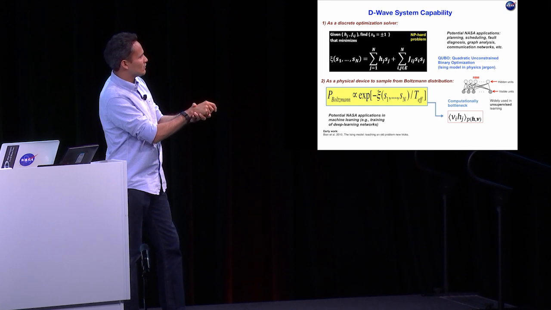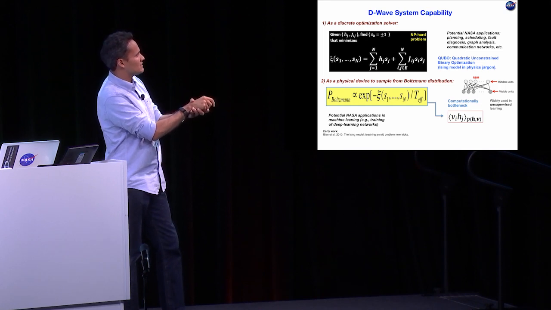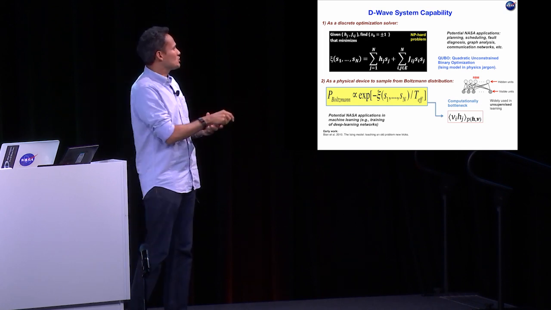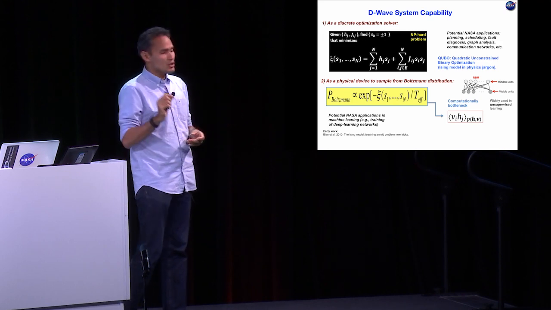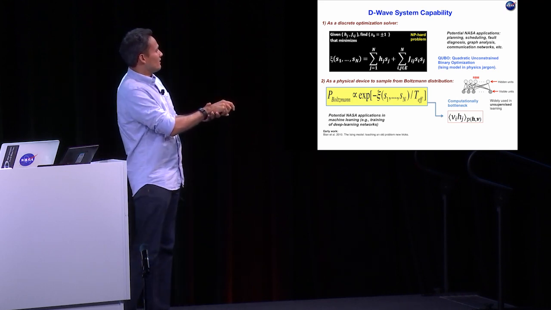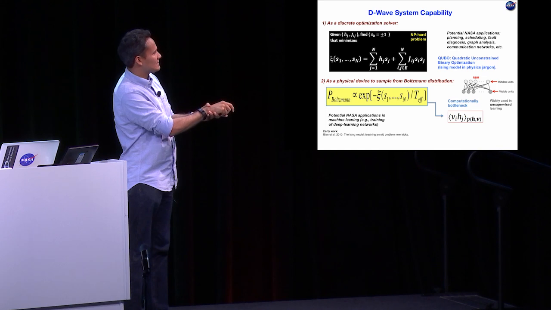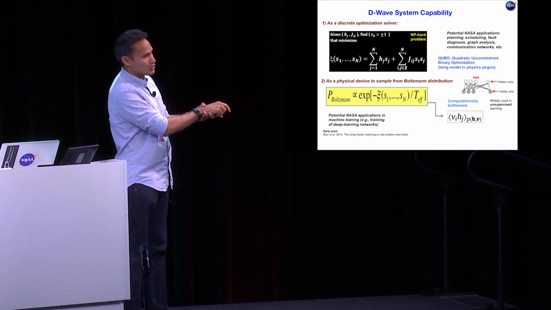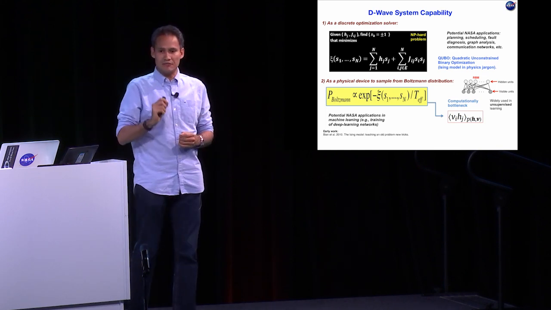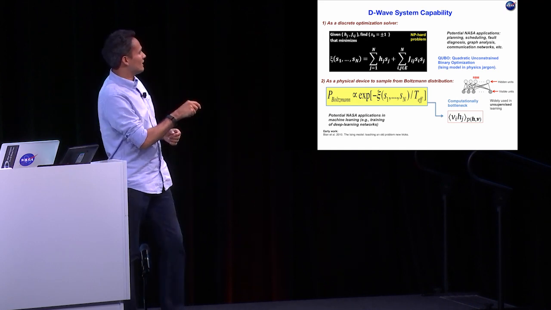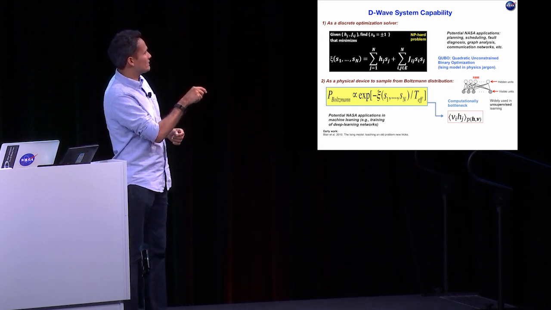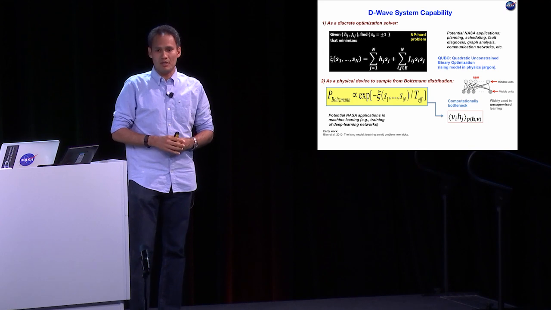V here stands for any of these visible variables, H stands for any of these other spins. Notice that this average is calculated over the full joint probability distribution. That's the difficult part, because if you want to get samples or calculate averages over this model, that's again NP hard.